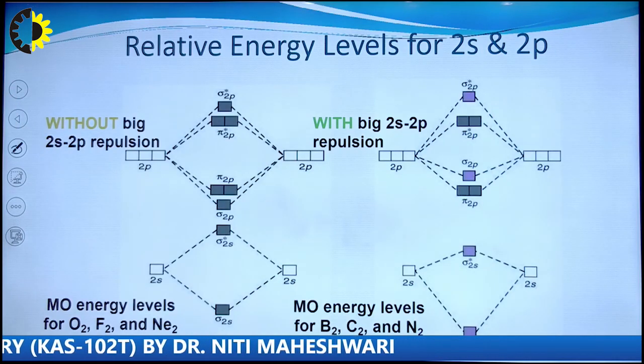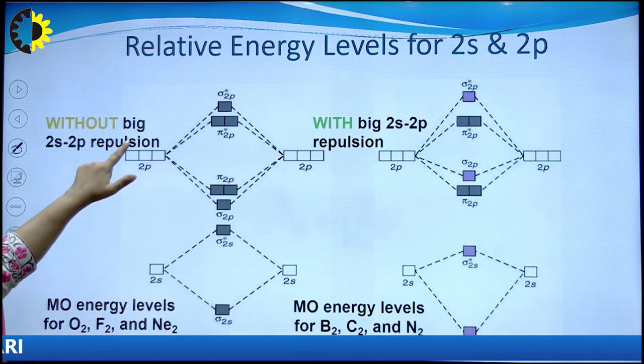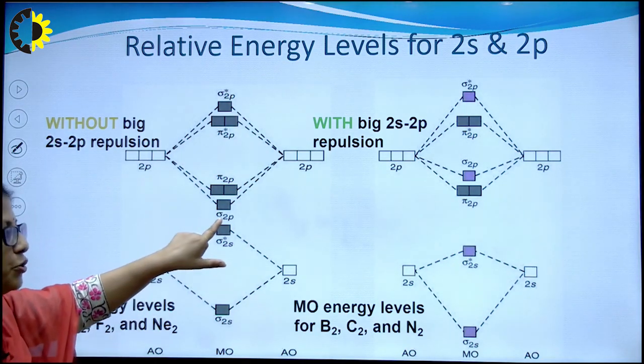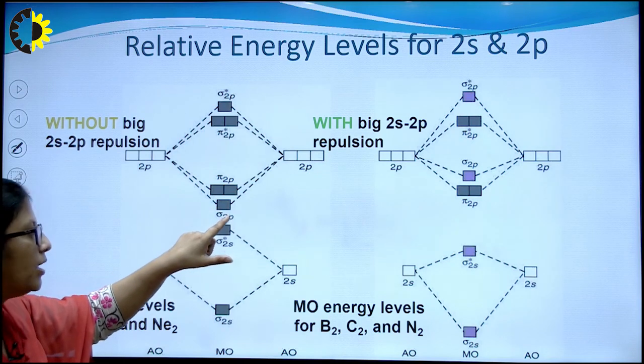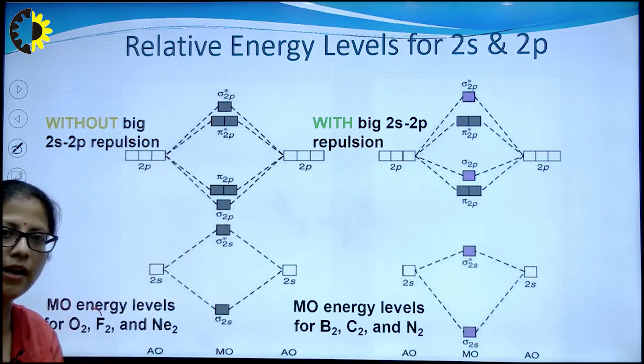This I have shown diagrammatically, the relative energy levels for 2s and 2p. Without big 2s and 2p repulsions, when there are no repulsions or less repulsions, in that case sigma 2p, which is a stable bond, is of lower energy, and pi 2p is of higher energy.